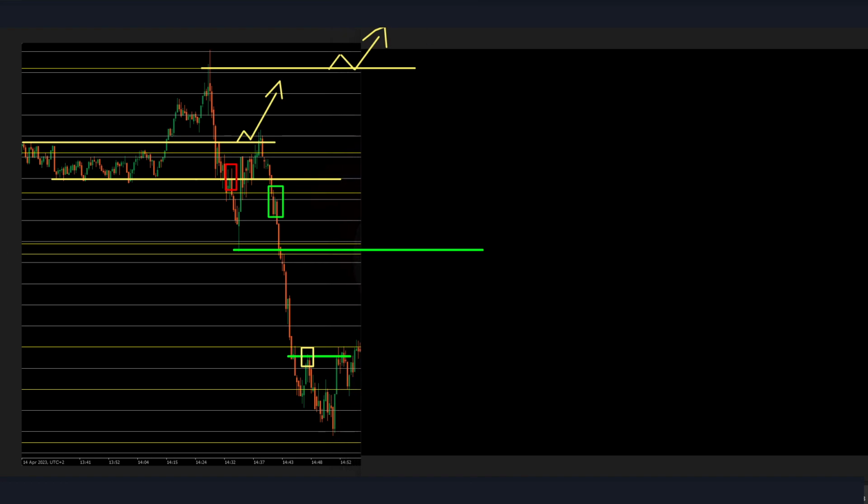Then price is staying above. We might be looking for a correction. We might be in for a trade if the price is actually making a retest above this area.